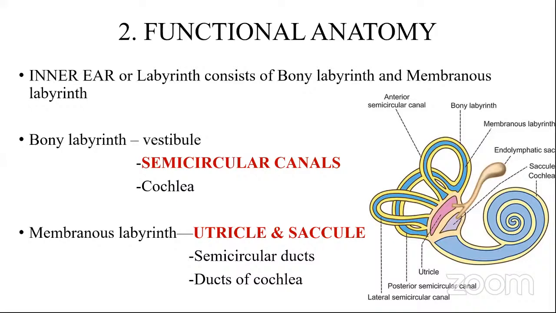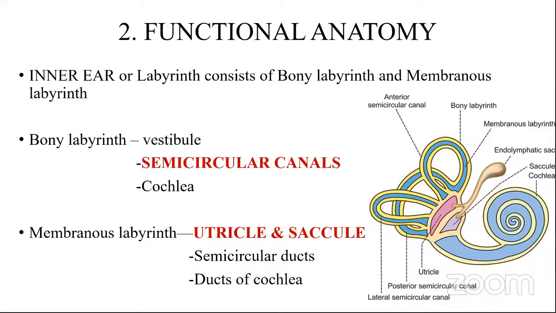So, the semicircular canals are inside the bony labyrinth, and the membranous labyrinth consists of utricle and saccule. This together constitutes the vestibular apparatus. On the right side, you can see the diagram which explains the functional anatomy.